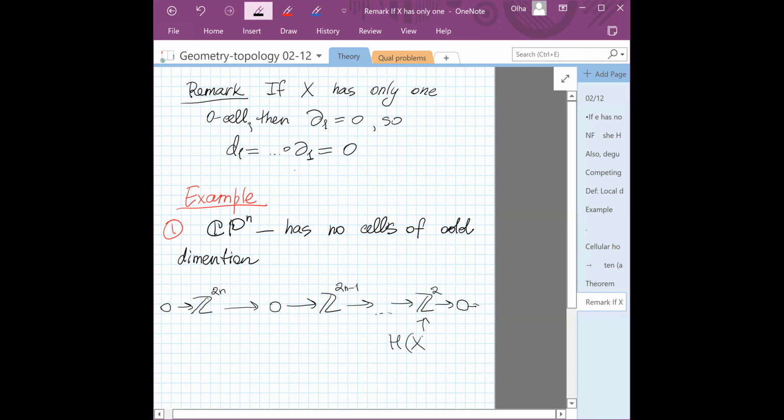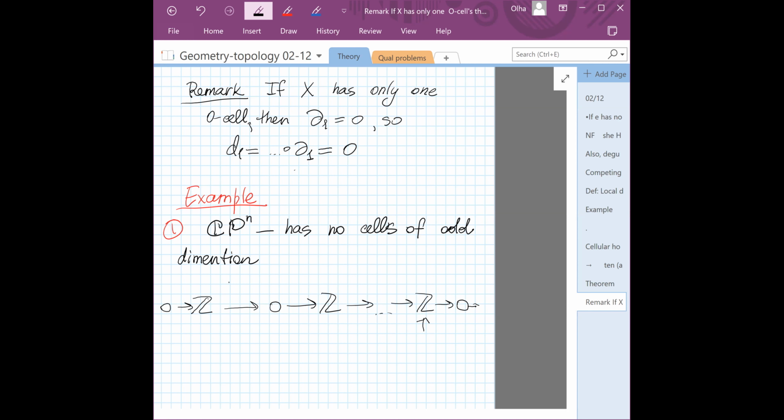There should be just one cell of every even dimension, which produces Z, and then for odd dimensions, we have 0 cells, which is going to be 0 to 0, which is 0.